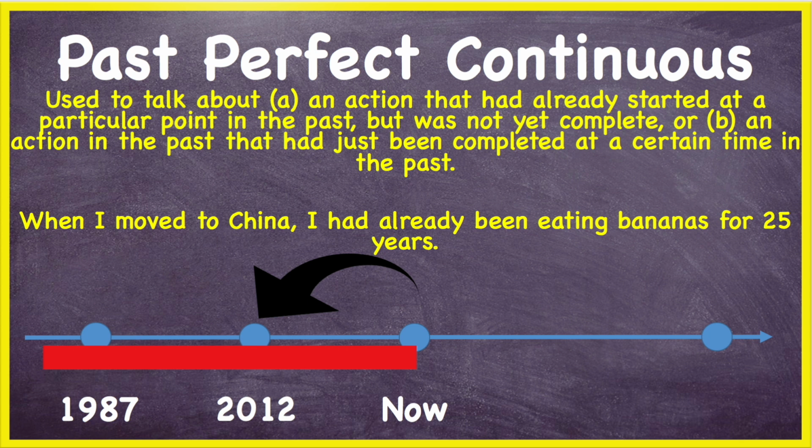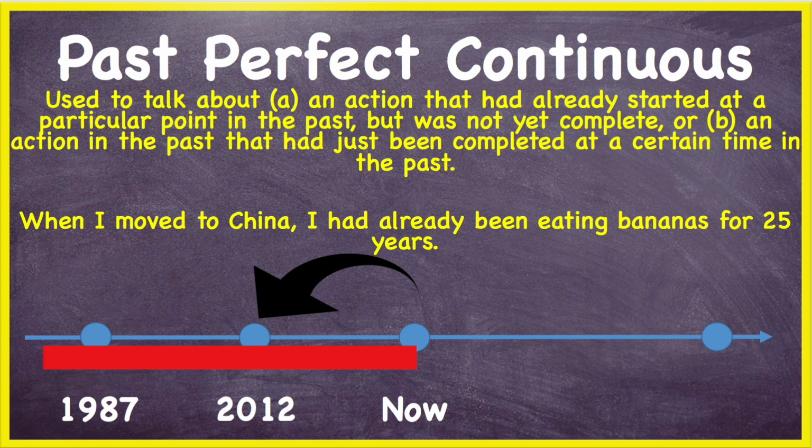It's used to talk about an action that had already started at a particular point in the past, but was not yet complete, or an action in the past that had just been completed at a certain time in the past. So, when I moved to China, I had already been eating bananas for 25 years. So I moved to China back in 2012, and at that time, I had already been eating bananas for 25 years.